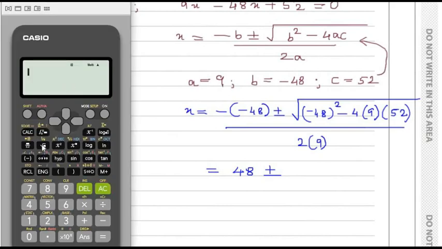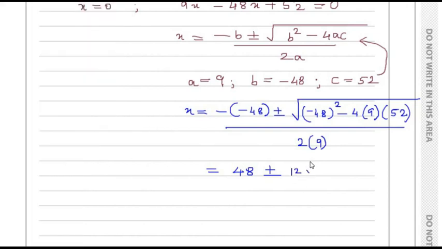So here we have the square root of minus 48 square and minus 4 times 9 times 52. So we get it as 12 root 3 over 18.